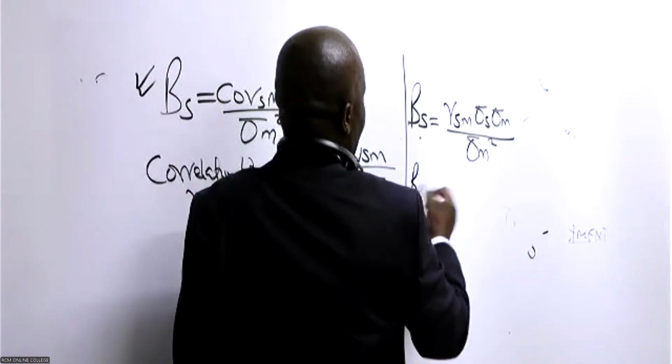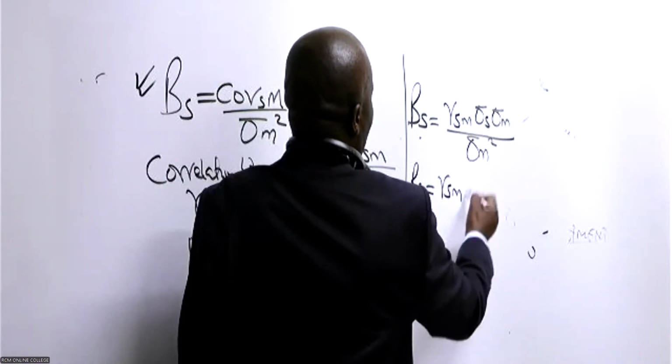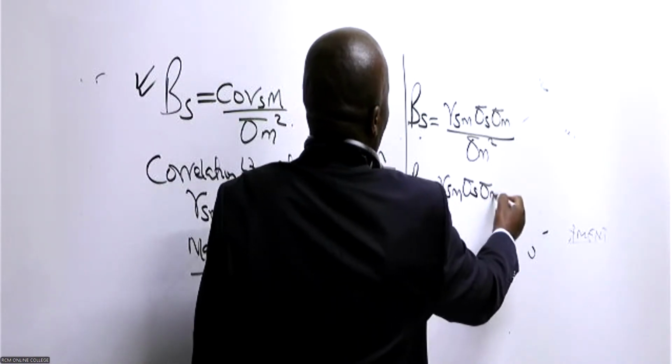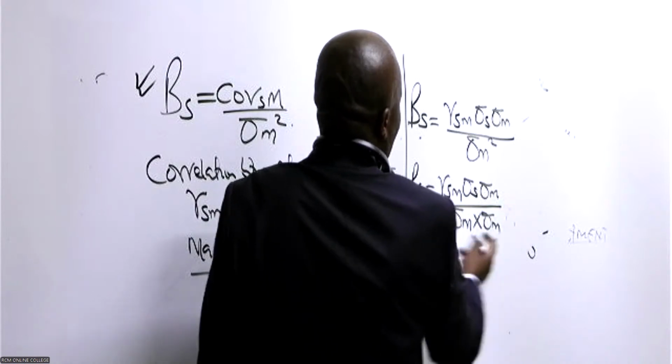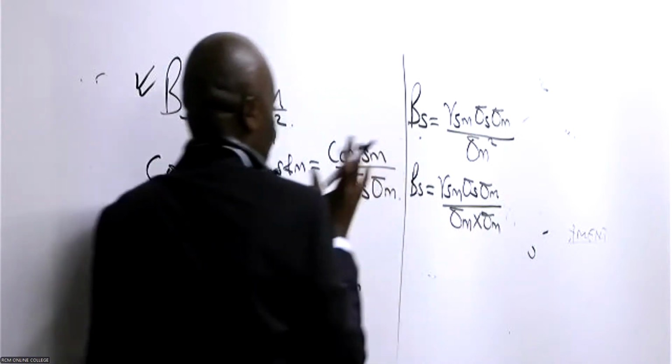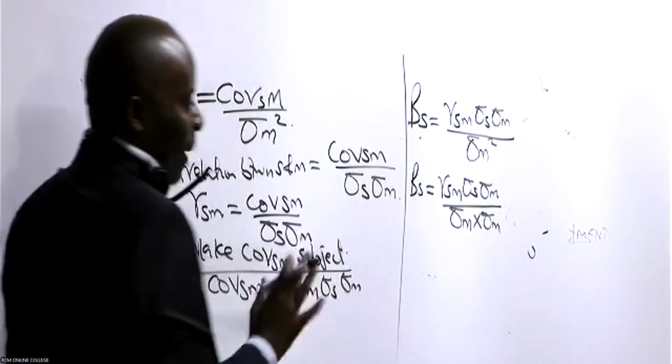So beta S will be equal to RSM, standard deviation S, standard deviation M, over standard deviation M times standard deviation M. Because you see, standard deviation M squared is standard deviation M multiplied by standard deviation M.